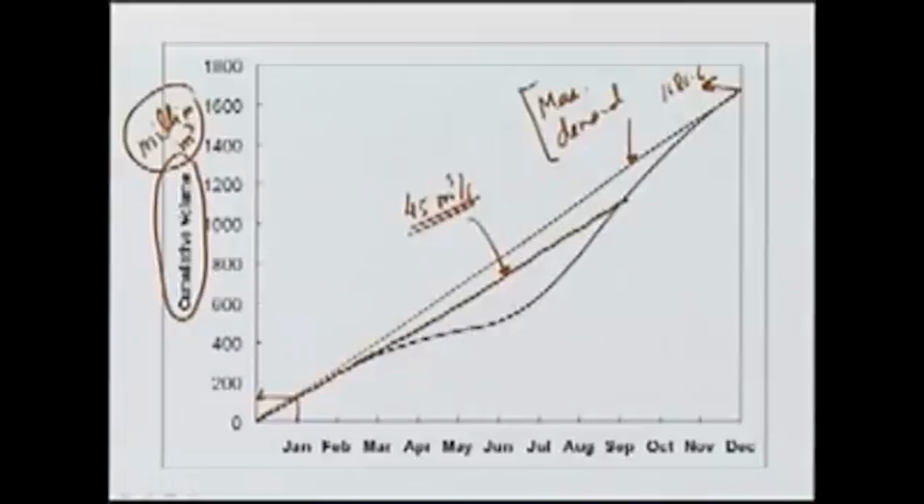And in this case, suppose this is the 45 meter cube per second line, we draw a line tangential to this curve and parallel to this, and then the difference between these two will give us the storage in terms of million meter cube.